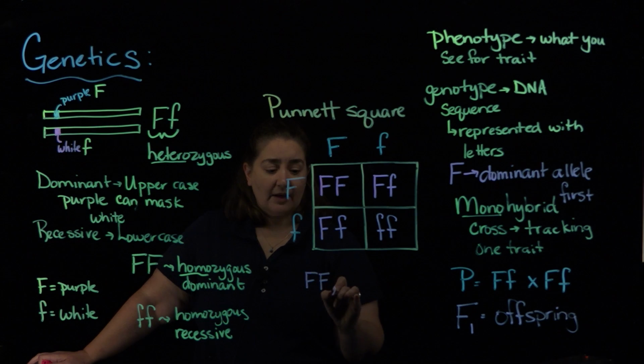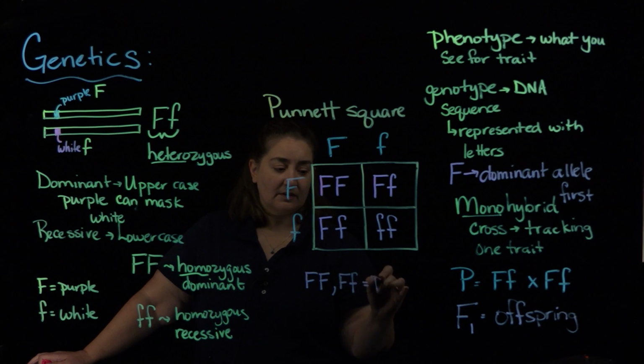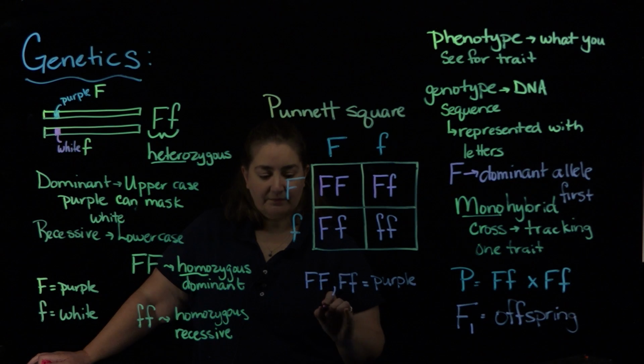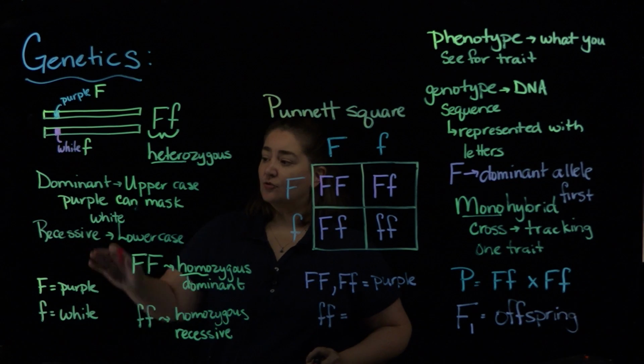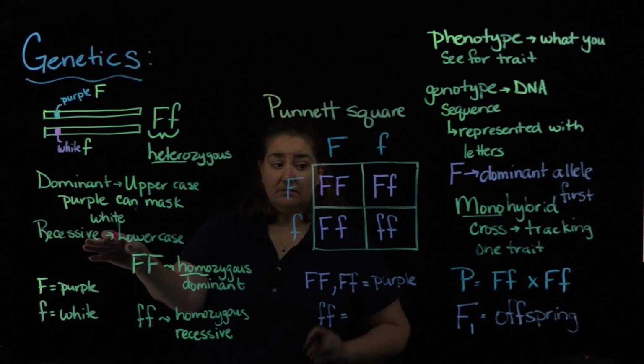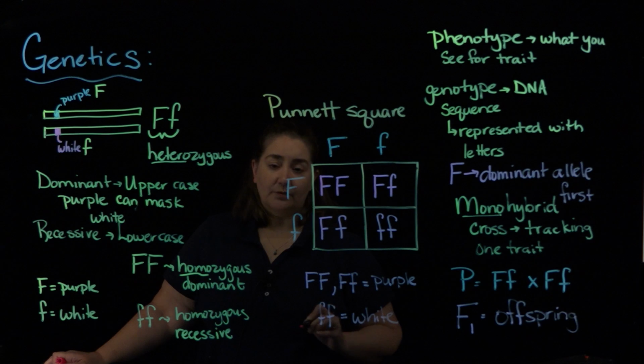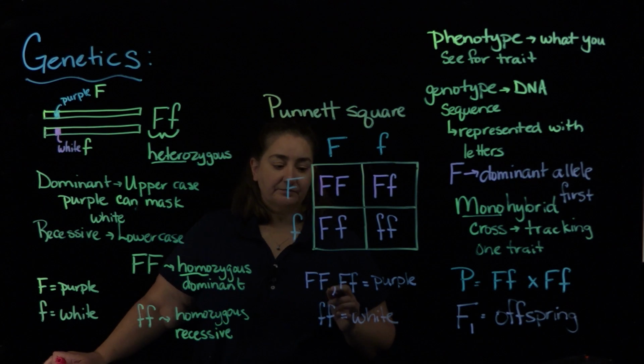Capital F capital F and capital F lowercase f are going to have purple flowers because those are the dominant traits. Lowercase f lowercase f, because we have 2 recessive alleles, because we need 2 recessive alleles to see that trait, our flower colors would be white, okay?